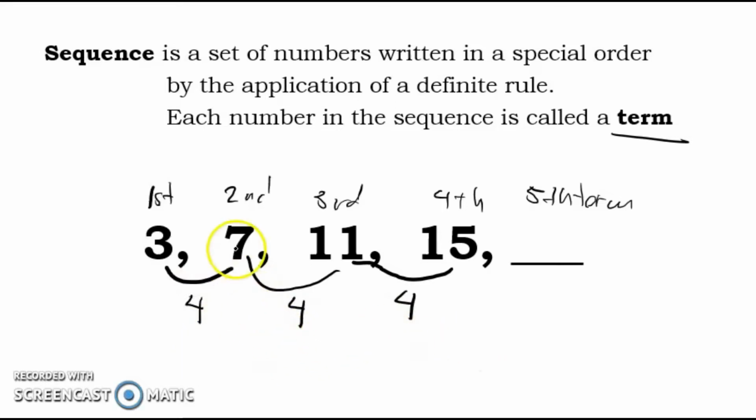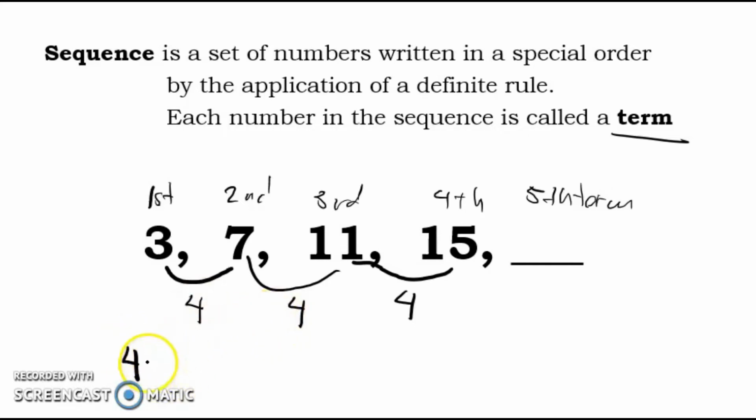So gagawa tayo ng formula para makuha natin yung fifth term. Since ang common difference nila ay 4, gagamitin natin yung 4. So gawa tayong formula: 4n.